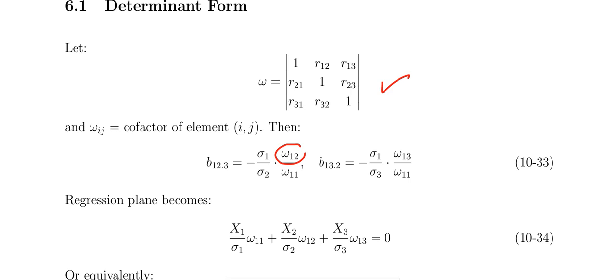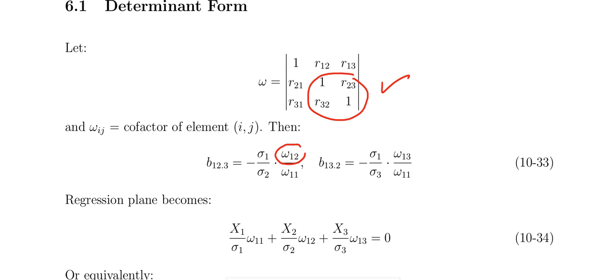The first row, this is called w11, corresponding to the first element, that is the other 2 by 2 minor. Okay, that is 1 2, that is called w12, r21 r23 r31 and 1 like that. The same way w13, that is r21, 1, r31, r2.